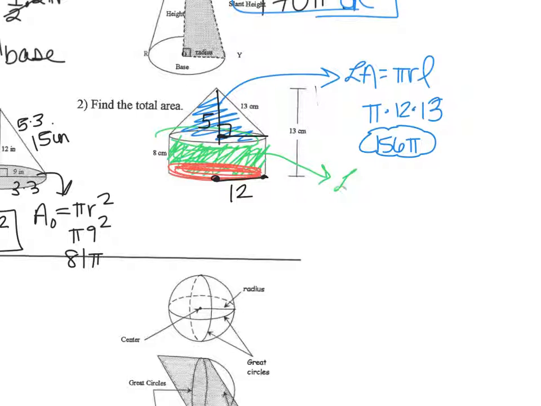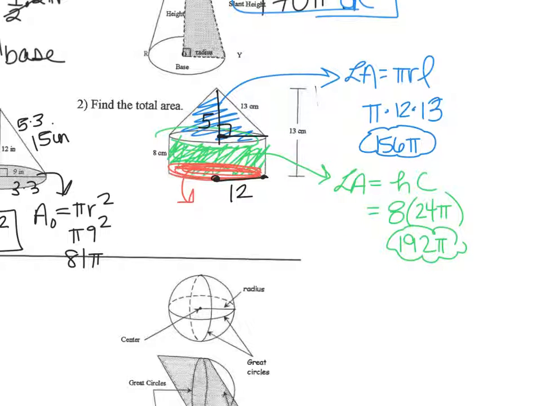The lateral area of the cylinder is just your height times the circumference. So your height is 8, and your circumference would be 24 pi. And when you do 8 times 24, you end up with 192 pi.